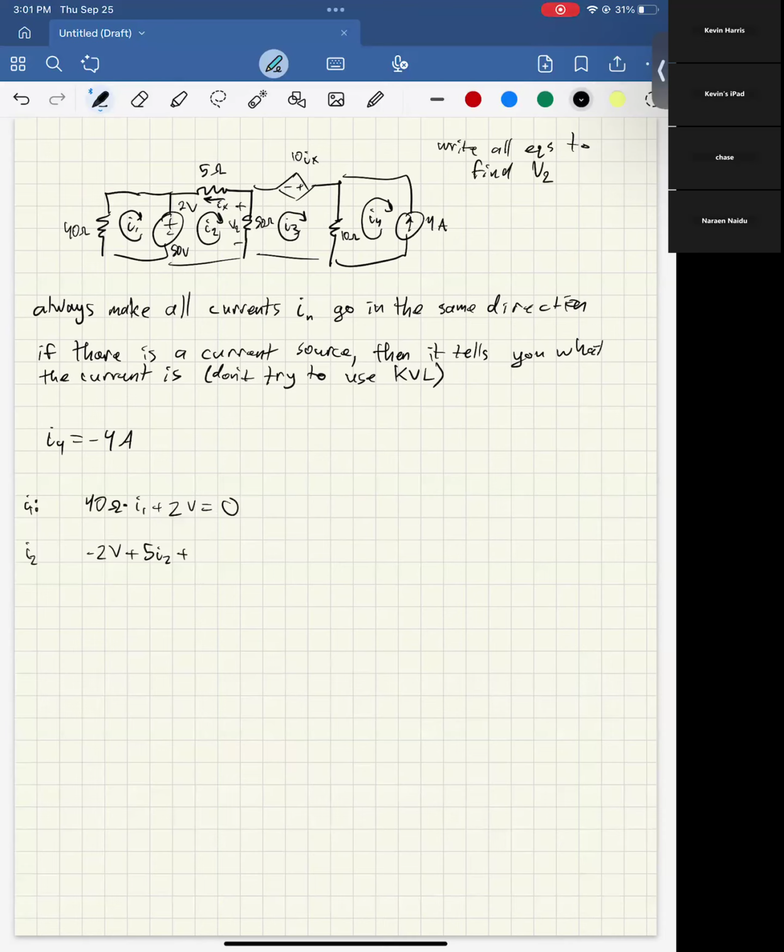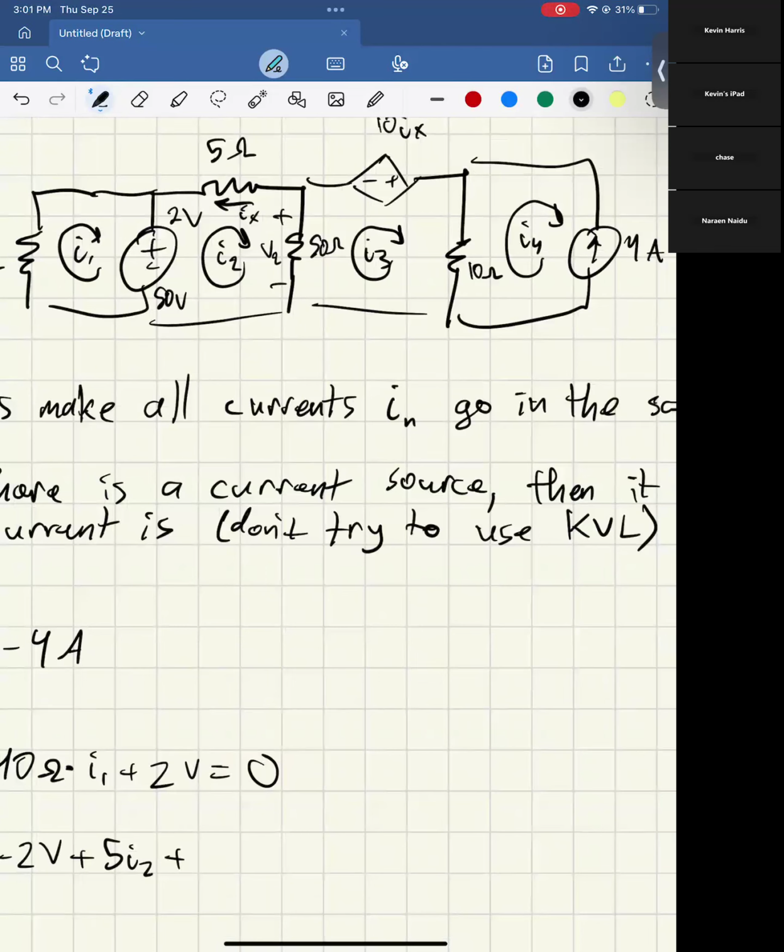And this is what you're going to have to be doing most of the time. When you have a resistor that's between two sections, you have to look at, okay, from the perspective of this loop, we're going to call that I2 positive. So for the purpose of this loop, we're imagining the current is flowing down.